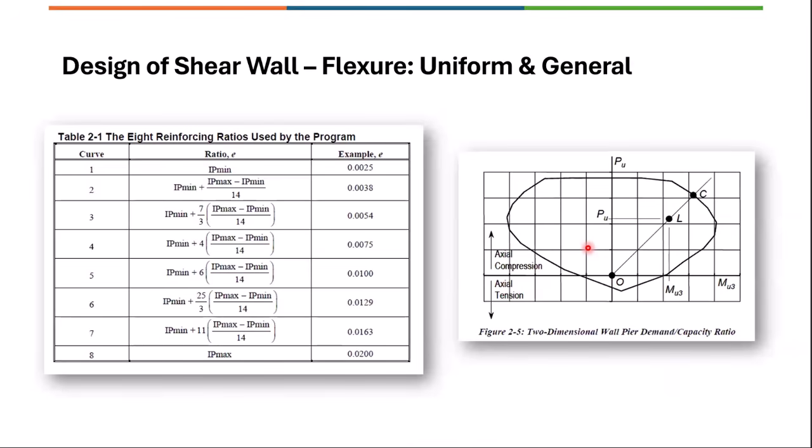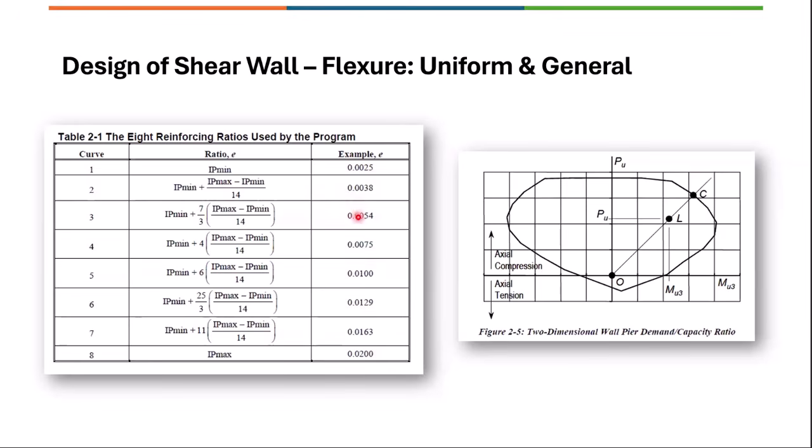For the flexure, uniform and general reinforcing, the program uses 8 reinforcing ratios as shown in this table, the IP min and IP max. The program uses values like 0.0025 and 0.04 as a default. Our recommendation is to keep this somewhat lesser, like this, about a 2% range.